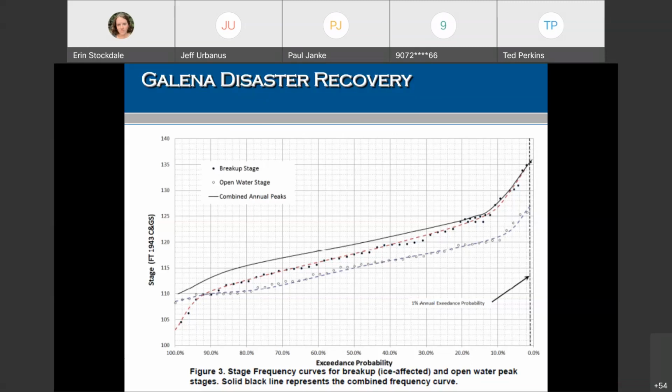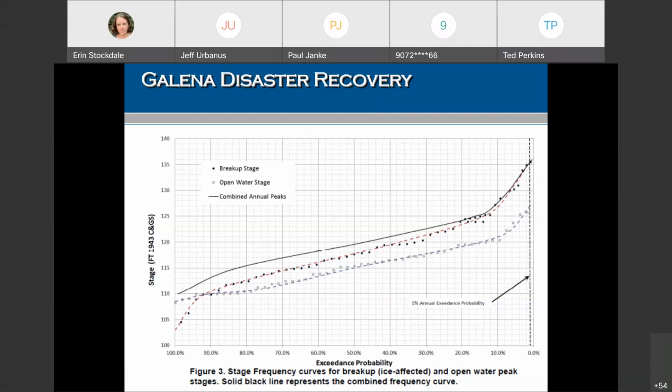So for Galena, which was talked about earlier, that's an area that sees ice jams on a regular basis. So there's a pretty consistent data set over time that you can look at and do that statistical analysis and project to the 1 in 100 ice jam.